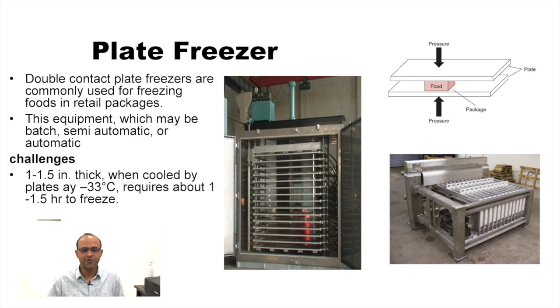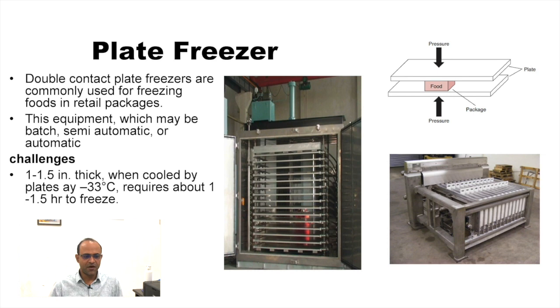Normally this type of freezer is a vertical plate freezer, and this is a horizontal plate freezer, where pneumatic pressure is applied using compressed air to ensure maximum contact. The major problem here is that the food should be packed properly. If the shape is uneven, it is not possible to use the plate freezer, although we can use it, but the efficiency would be less.